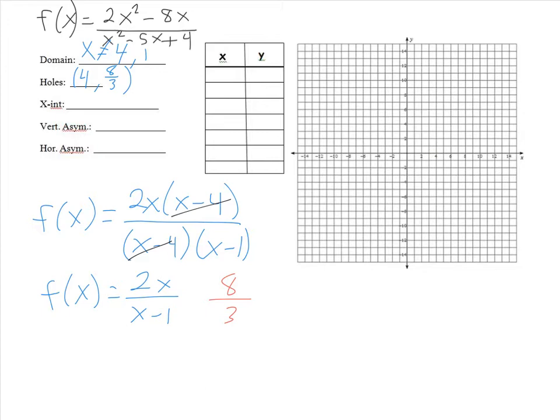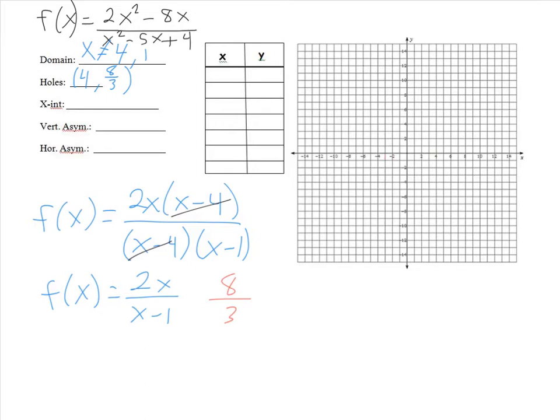Okay, x-intercept. Well, we've done these before, especially when we were doing some parabolas. We figure out where it crosses the x-axis. We also did it when we were dealing with functions with a degree of 3, like a cubic function, or quartic functions. So basically, if I set the equation equal to 0, that means that I am along the x-axis. If my y value is 0, I'm hitting the x-axis somewhere.